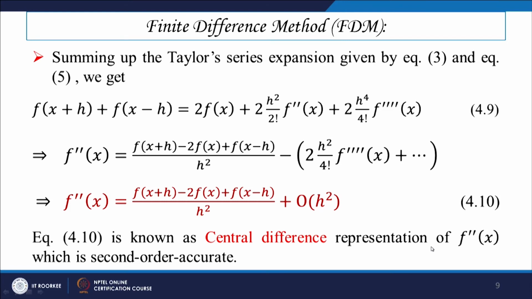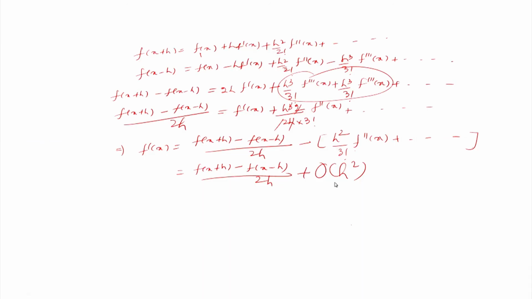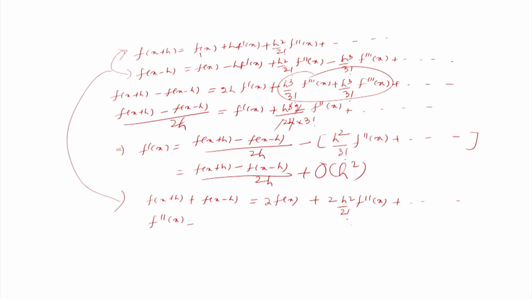Summing up the Taylor series expansions given by equation 3 and equation 5, f of x plus h and f of x minus h, we can write f of x plus h plus f of x minus h as 2f of x plus 2h square by 2 factorial f double dash of x plus all other terms.